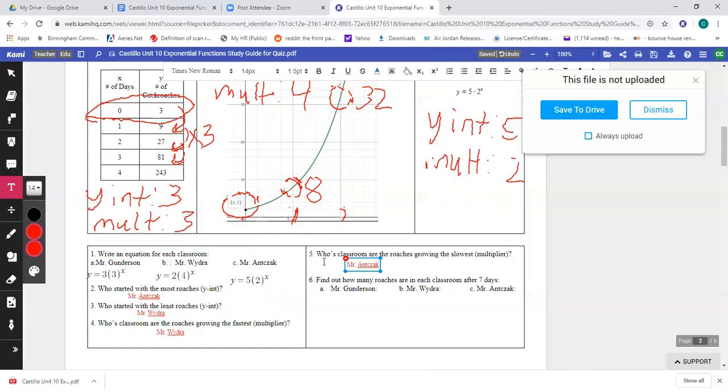Okay. Now, number 6, what we're going to do is we need to find out how many roaches are in each classroom after 7 days. So what you're going to do is you're going to take these 3 equations and plug in 7 for x. Okay. So go ahead and try to do that, and then I'm going to tell you what the answers are.